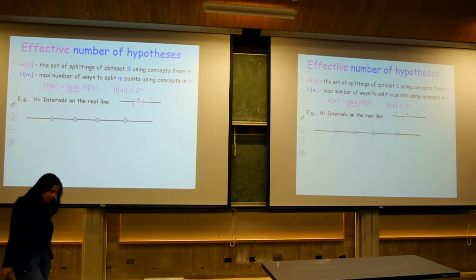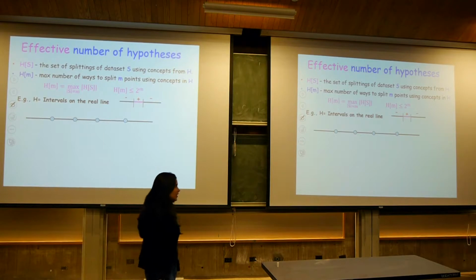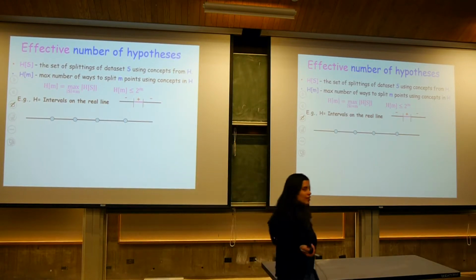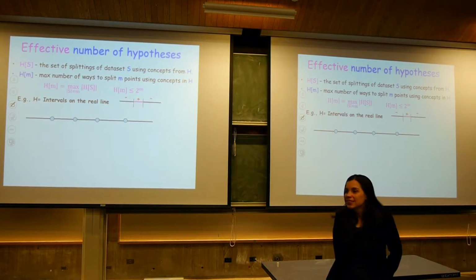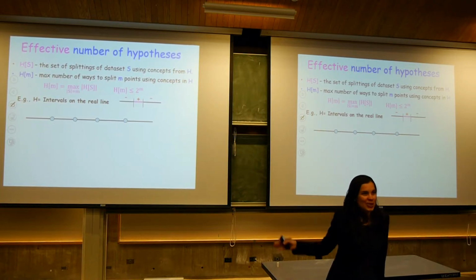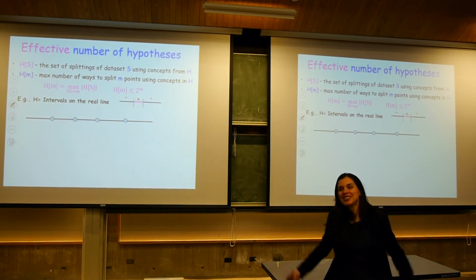Now, in how many ways can I label m points with intervals? I'm happy if you tell me the order of. If you are even more precise, it's good, but order of is fine too. Is it linear, quadratic, exponential, doubly exponential?